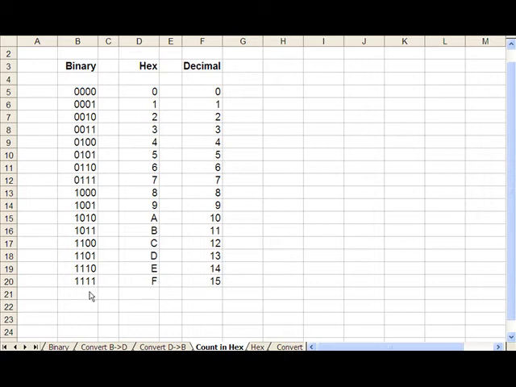So when we go to 16, in binary, we need one more place. So we would say 1, 0, 0, 0, 0. We have 5 binary places now to represent 16. In decimal, of course, 16 is 16. And in hex, we have one group of 16 and 0 groups of 1.